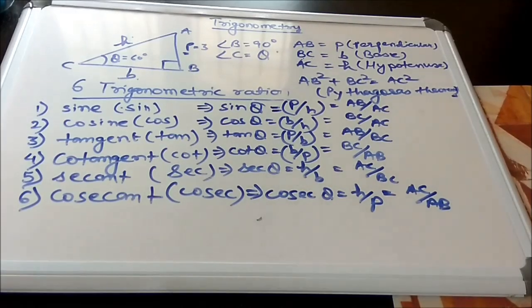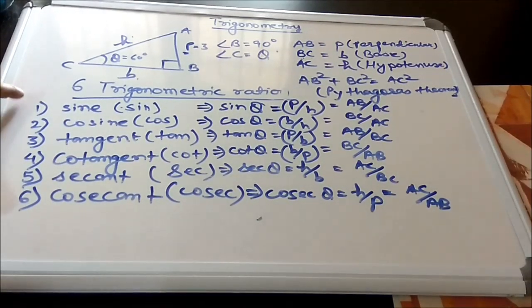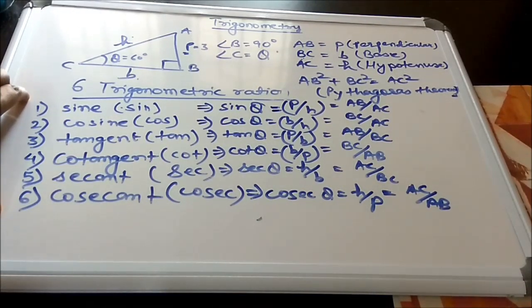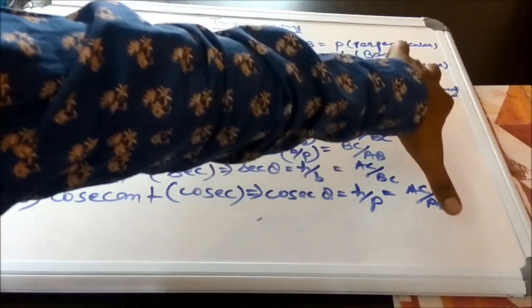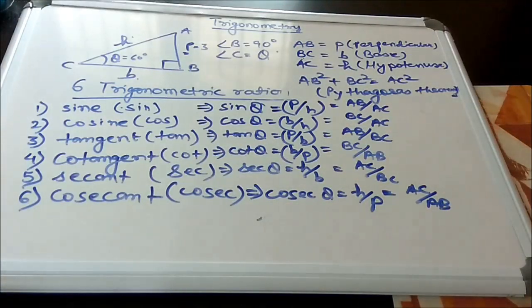Remember one thing, students, if you study these six values and you just try to remember these six, the rest of the trigonometric chapter will be a cakewalk for you. You will not have any single problem in any of the questions, any of the concepts. Entire trigonometry is based upon these six trigonometric ratios.